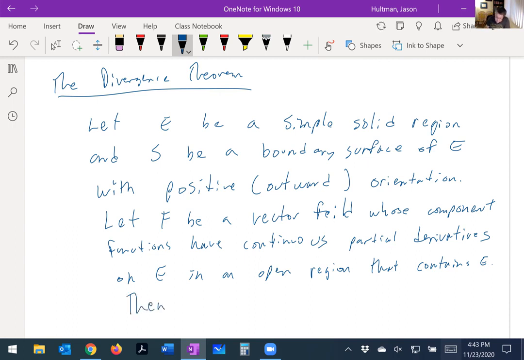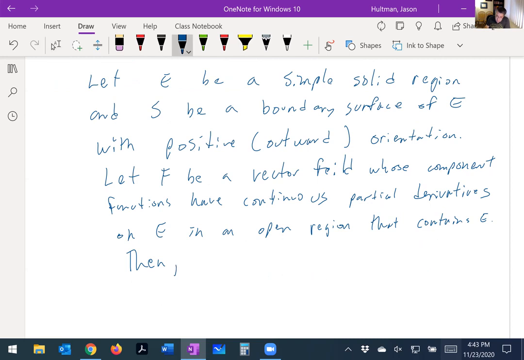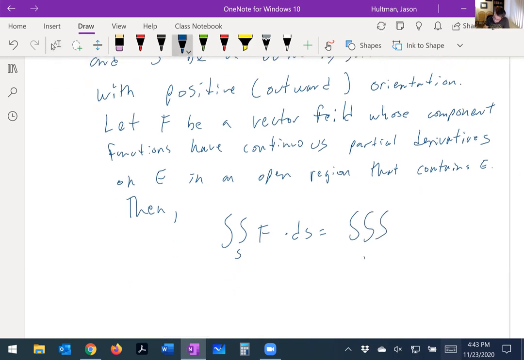Then the surface integral of F dot dS is equal to the triple integral over the boundary region of E of the divergence of F dV.